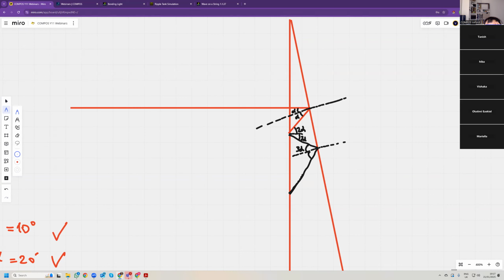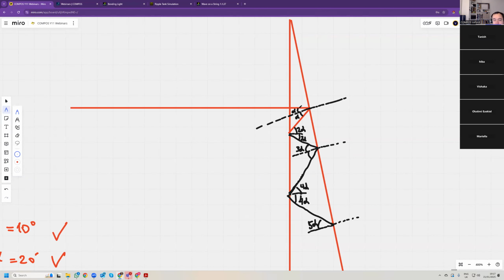Now, that's 3 alpha and another alpha. So go back. So that's 4 alpha. 4 alpha here. 4 alpha. Yes, that was right the first time. So that's actually 5 alpha.